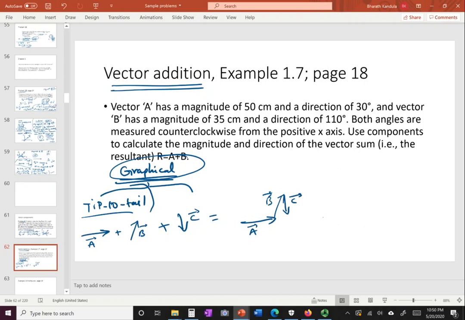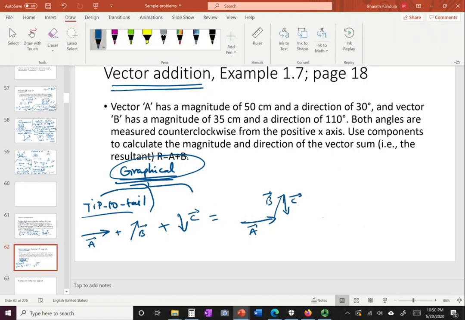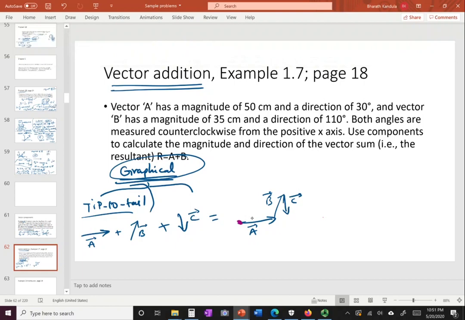Now the final resultant vector in this case will always be from the tail of the first vector to the tip of the last vector. Understand? So suppose you have more vectors, you again do the same procedure. You just sketch all the vectors following tip to tail, and finally draw from the tail of the first vector to the tip of the last vector.